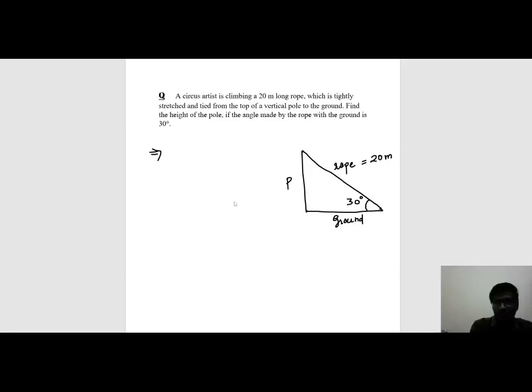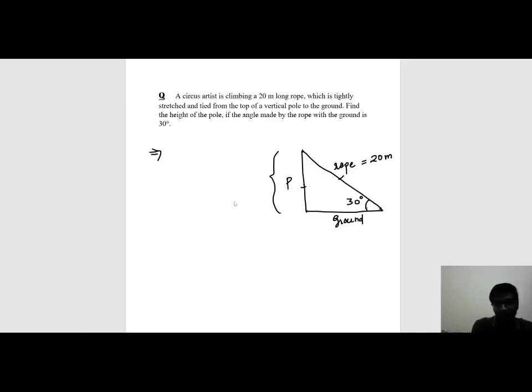How can you connect this side and the given side? This is the angle. We need to find the opposite side and we have been given the length of the hypotenuse. Think which trigonometric ratio connects the opposite side and hypotenuse. It is nothing but sine theta.